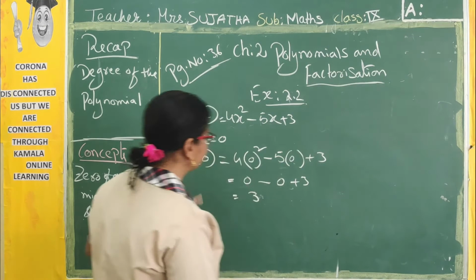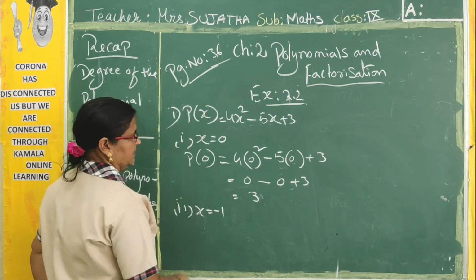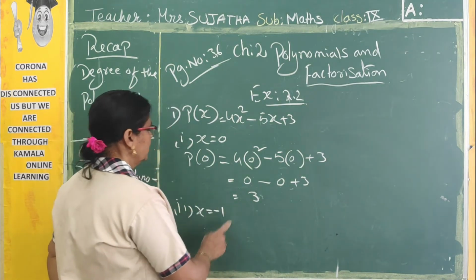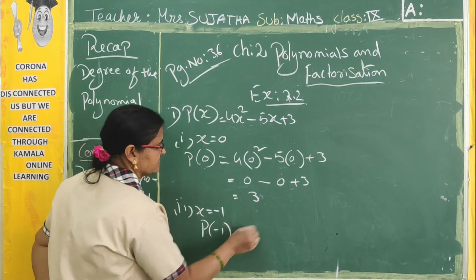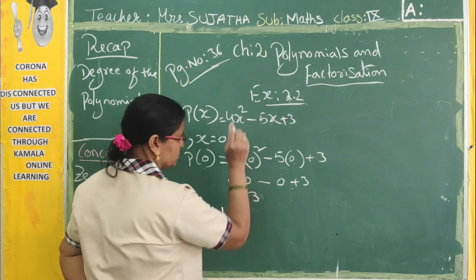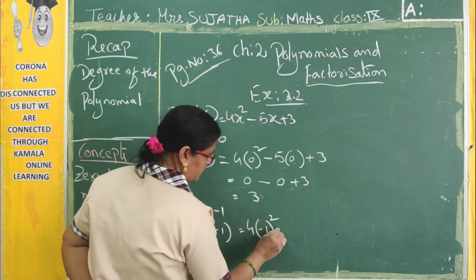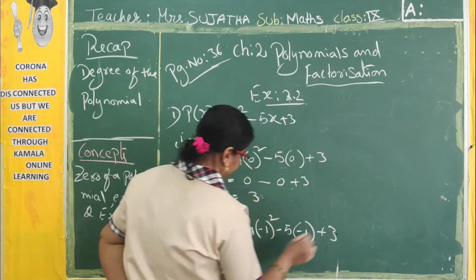Now second, x is equal to minus 1. When you take x equal to 0, you get 3. Now P of minus 1, that is, the x value is minus 1. Substitute in the polynomial: 4 of minus 1 whole square minus 5 of minus 1 plus 3.